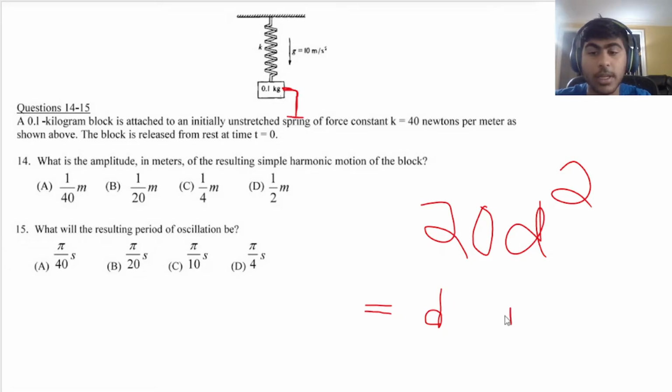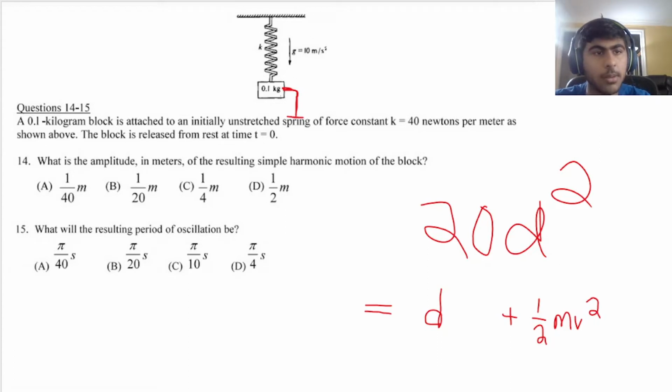But then we also have our kinetic energy, which is going to be 1/2 mv squared. Right, so now we can divide by d. Well, really, we should probably figure out how to address this first.